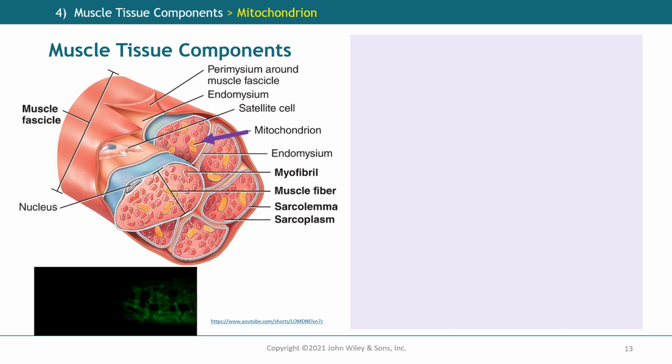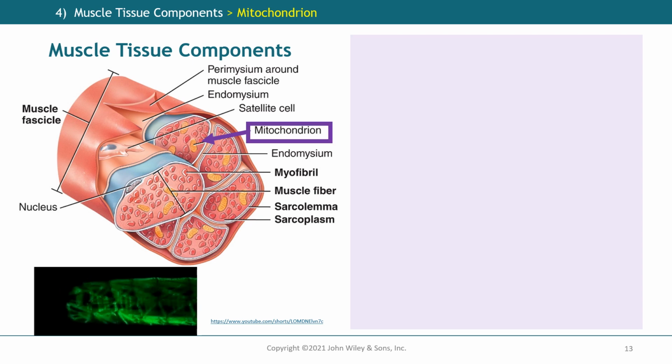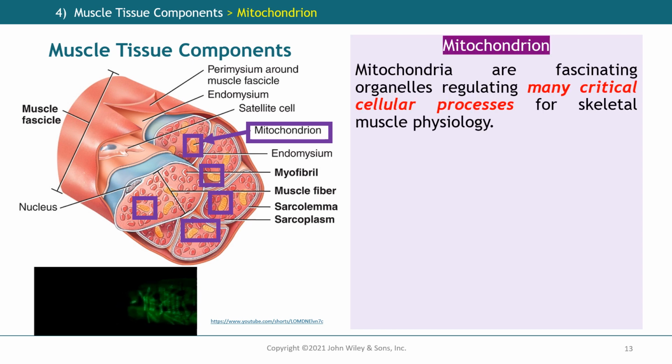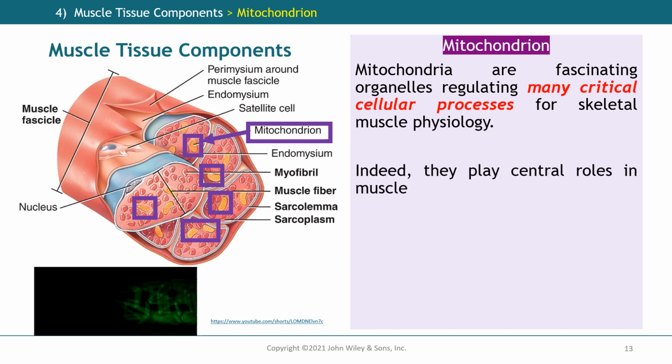Because as I said before, the mitochondria is involved in so many processes. In your textbook, they tell you that you find mitochondria in these schematics in so many places. In addition to that, they are involved not only in one process, but in many cellular processes in the muscle.